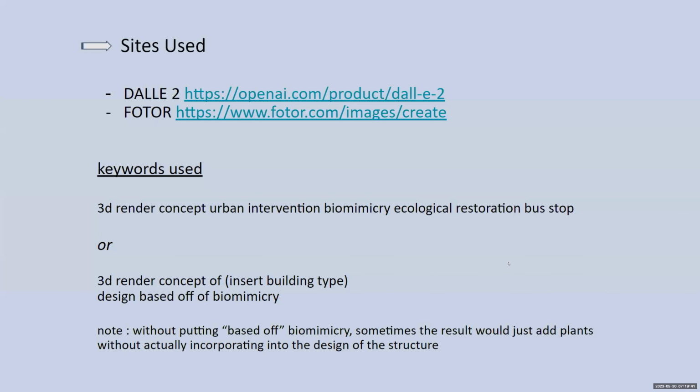Okay, starting this one off, we had to use AI to generate concepts. And so we used DALL-E 2, Photor, and these are some keywords I commonly use when inputting for the sites.